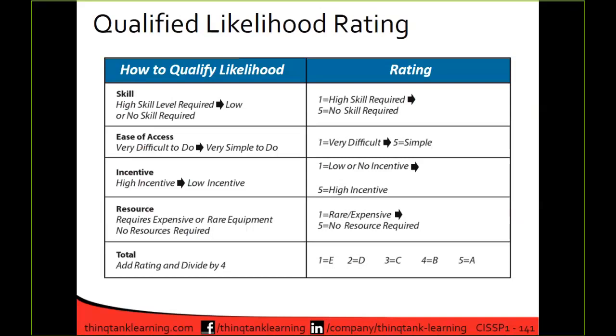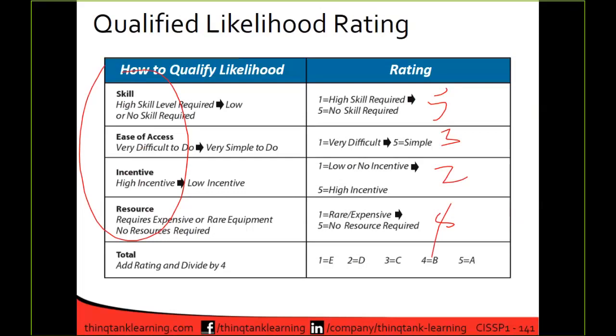So based on this, and again, this is just a suggestion, because we have 4 input variables, we take our ratings, say a 5 here, and a 3 here, and a 2 here, and a 4 here.